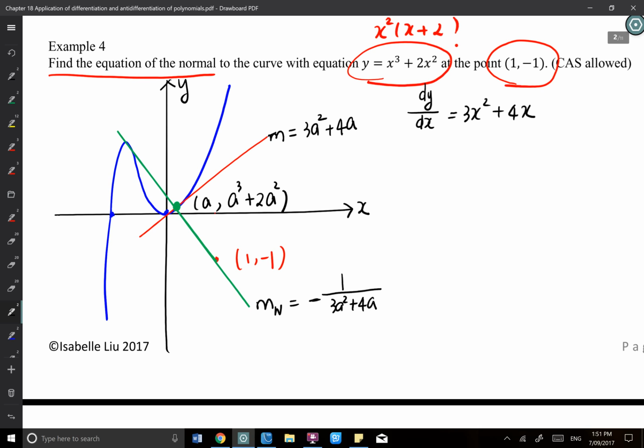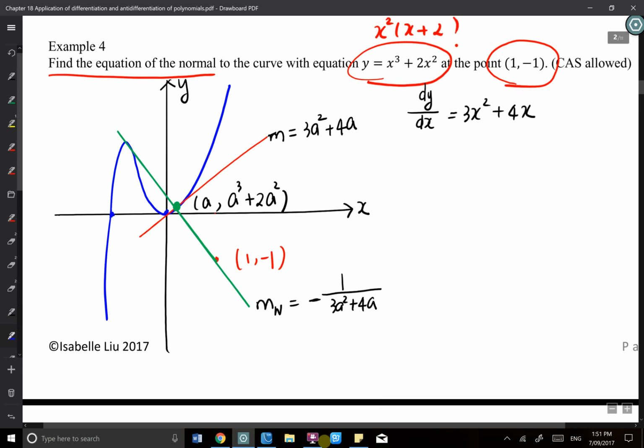Now I want to find a way to talk about this. Can you see that (a, a cubed plus 2a squared) and (1, -1) are on the same line? So I can use y2 minus y1 over x2 minus x1 equals the gradient.